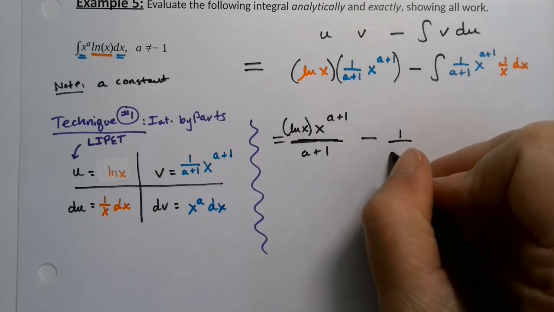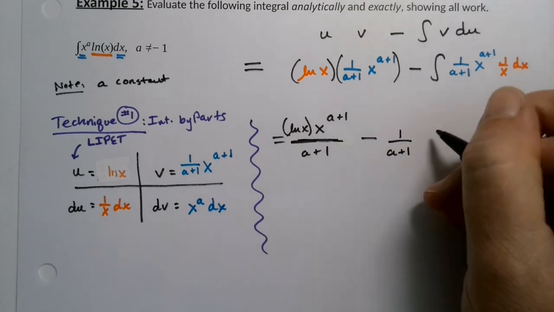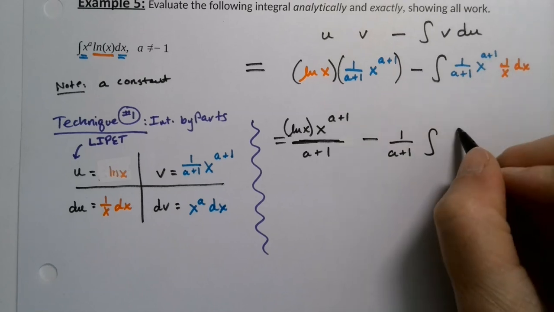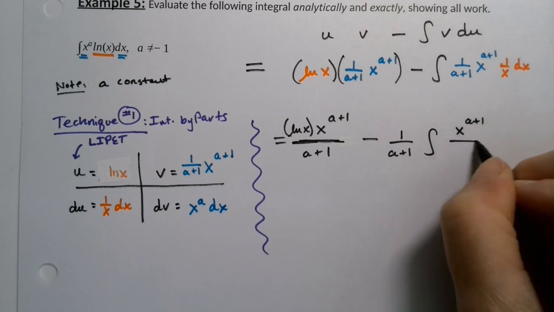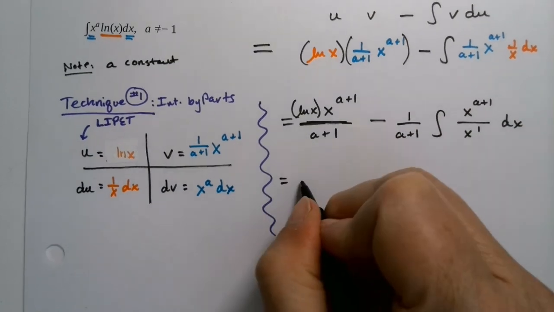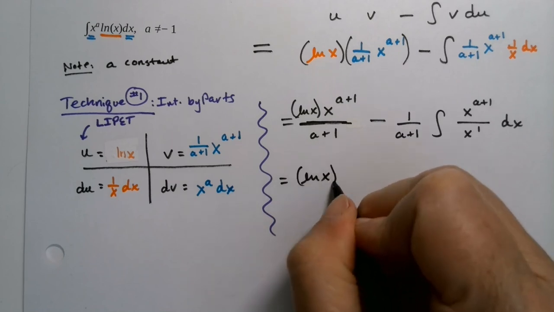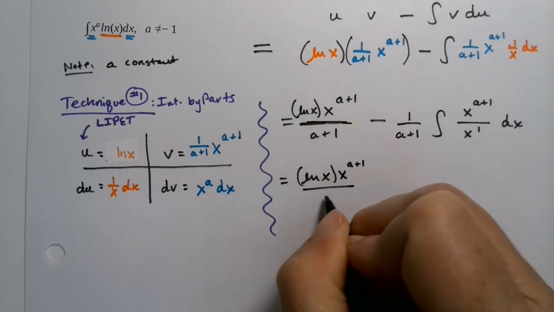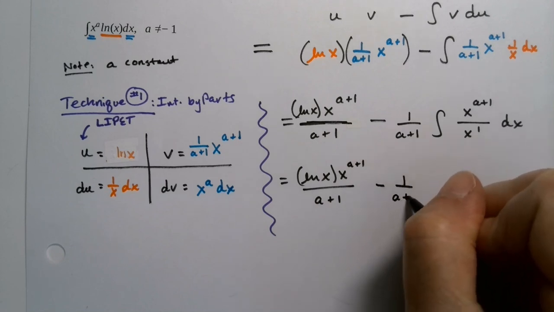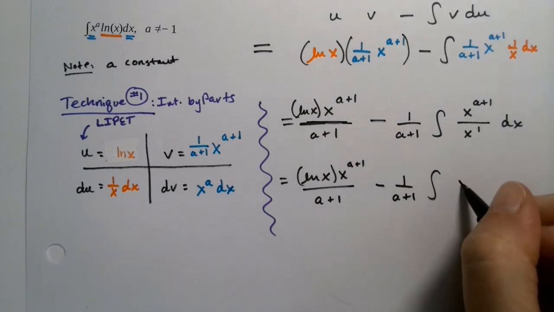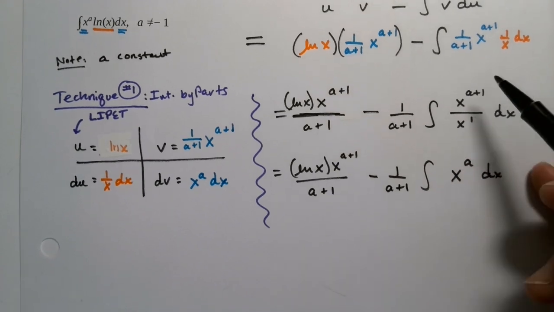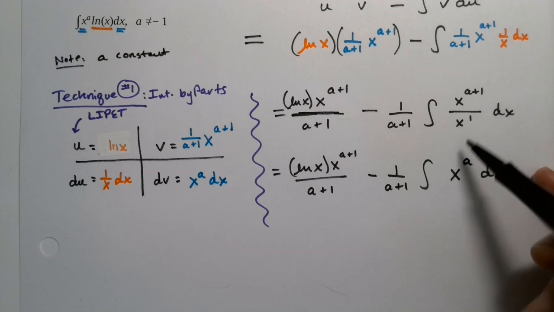So it's 1 over a plus 1, and then this is x to the a plus 1 over x. So let me rewrite that: x to the a plus 1 over x to the 1 dx. Okay, so this is the natural log of x times x to the a plus 1 over a plus 1, minus 1 over a plus 1 times the integral of x to the a. Right, because if you subtract the powers, a plus 1 minus 1 would be x to the a.